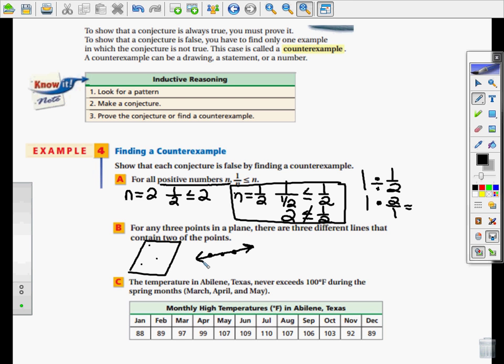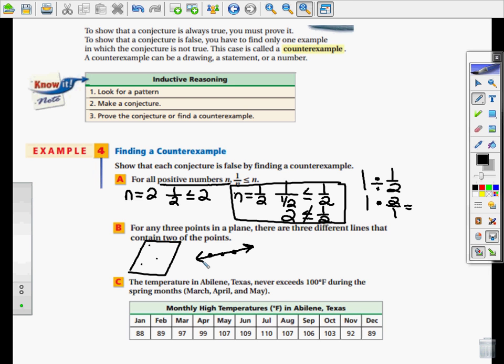So there's a picture we could draw that shows that this conjecture is false. It could be true if the points aren't collinear, but that's not what it says. They didn't say anything about being non-collinear or collinear, so you have to consider that possibility.